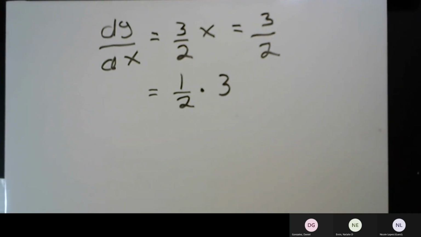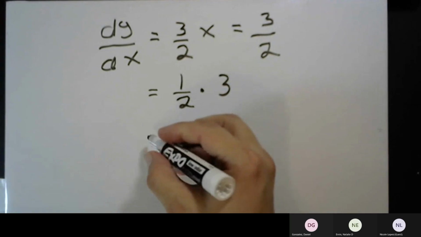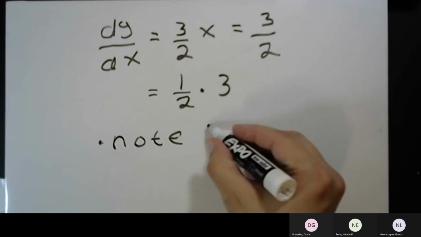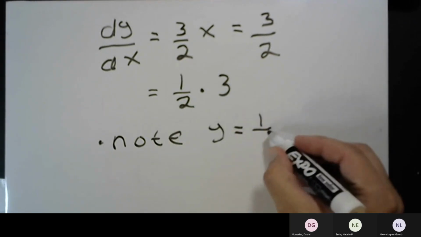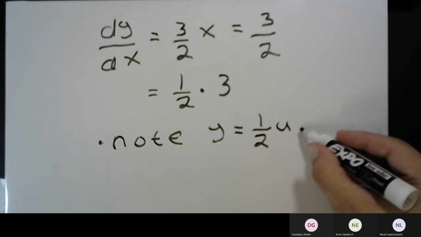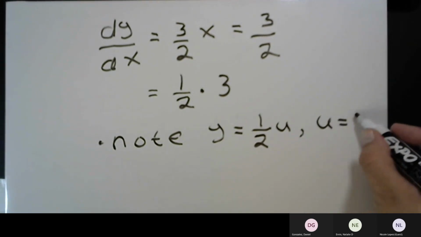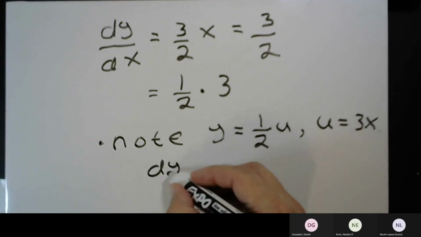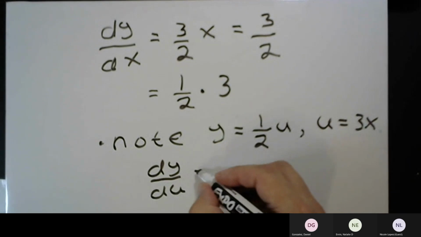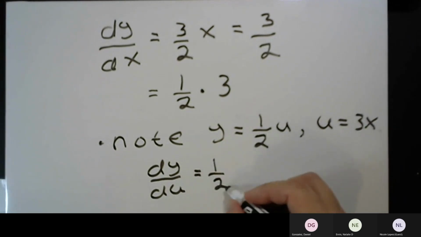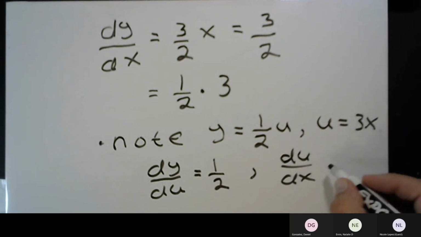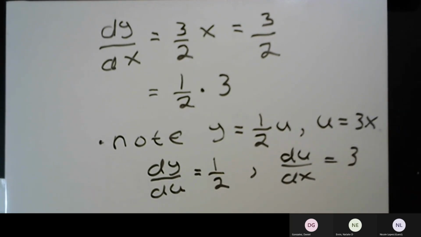Now let's go back to our pieces. We said y is 1/2 u, and u was 3x. So dy du is equal to 1/2, and du dx is equal to 3.